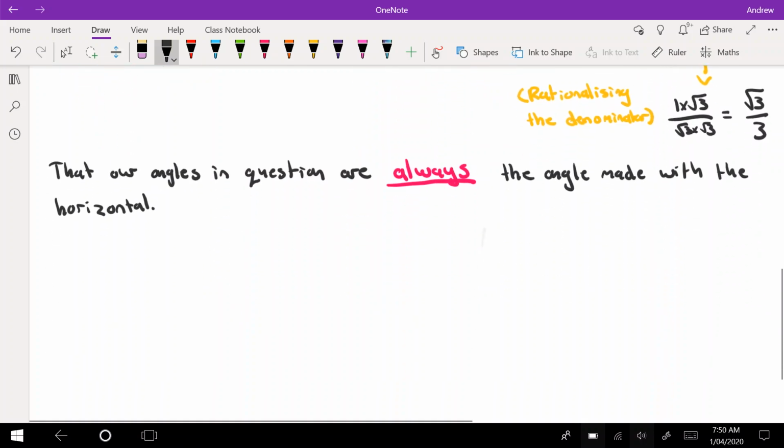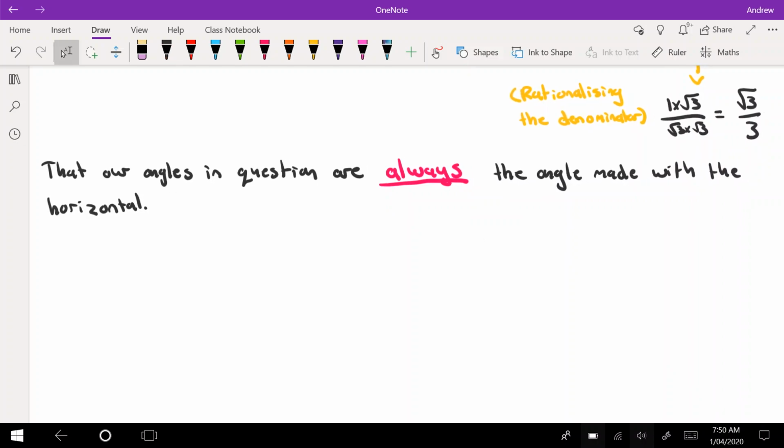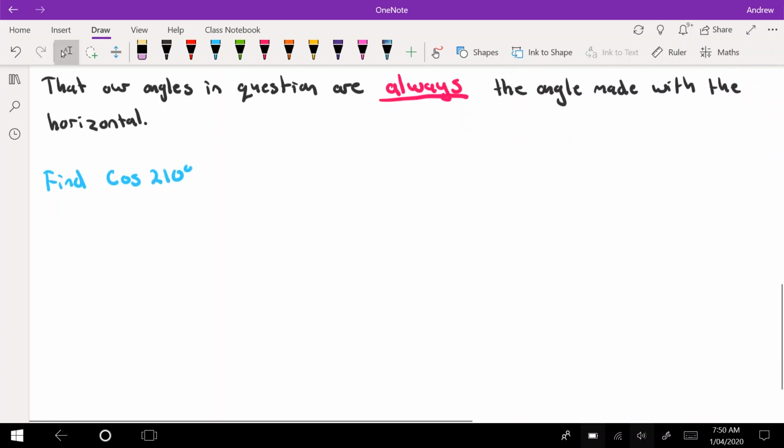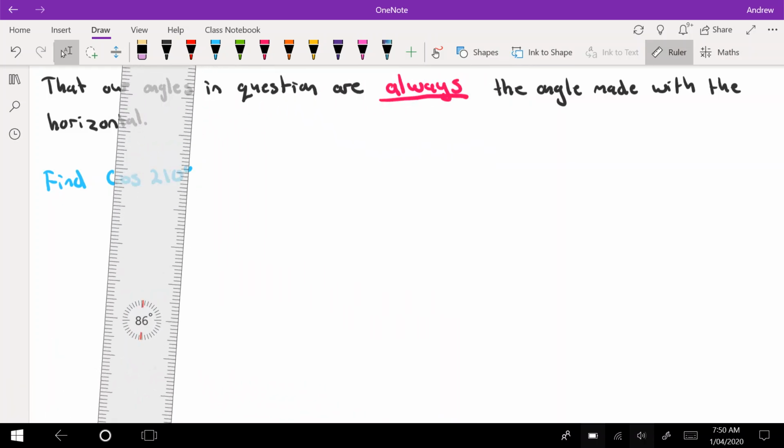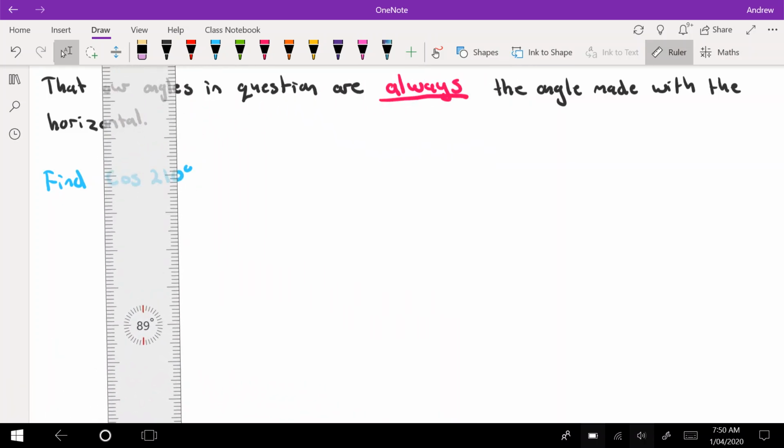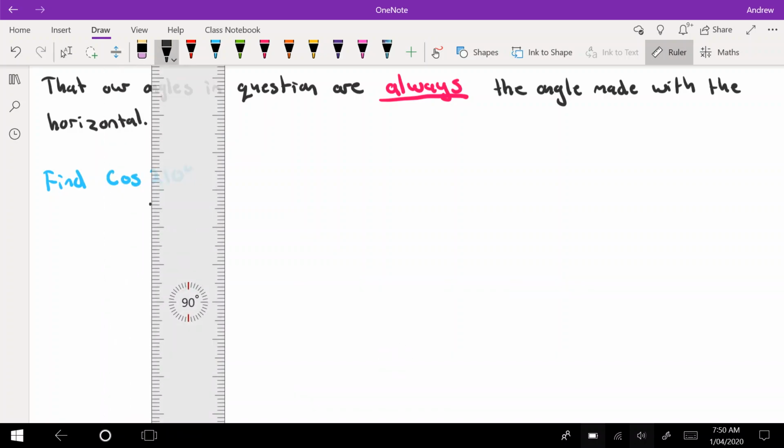Okay, so it's time to draw another bit of a diagram when we're going to want to try and find the cosine of 210 degrees. If you can automatically know the exact value of cos of 210 degrees, well, good job, and you don't need to do all of this.